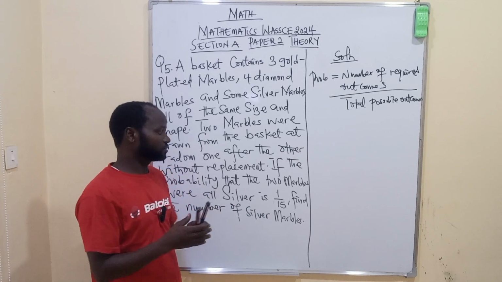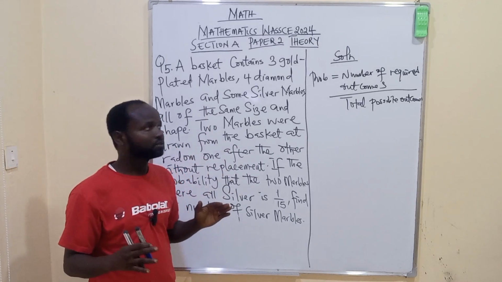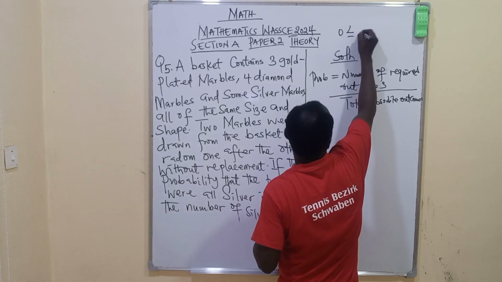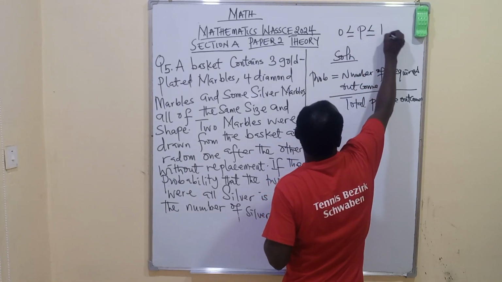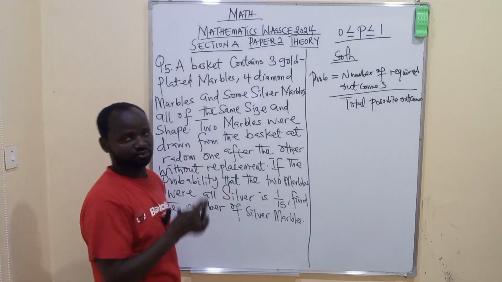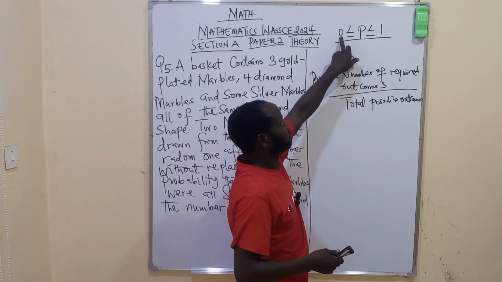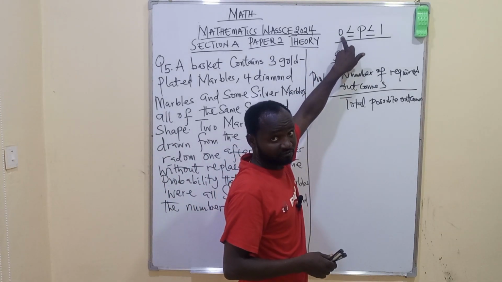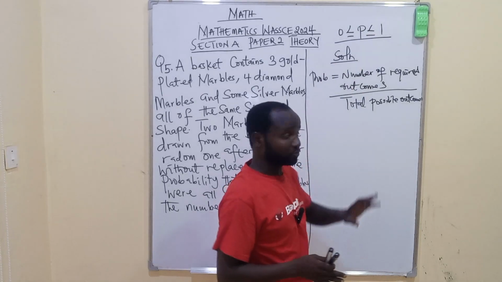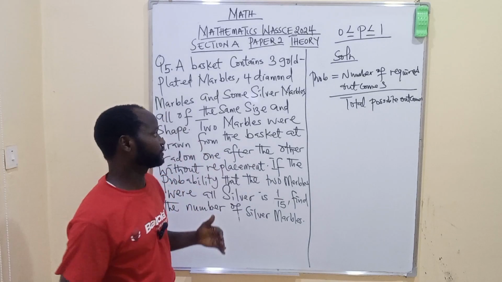You can express your answer as a fraction or decimal. So 0 ≤ p ≤ 1, inclusive. When you have 0, it means failure. When you have 1, success. And the probability of failure plus the probability of success must equal 1.